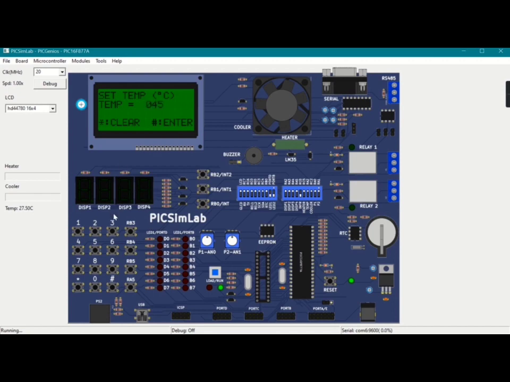Next I'm pressing hash. Now you can see the 180 seconds because we have chosen 3 minutes preheating. 3 minutes means 180 seconds. After 180 seconds it goes to the 45 degrees preheat.